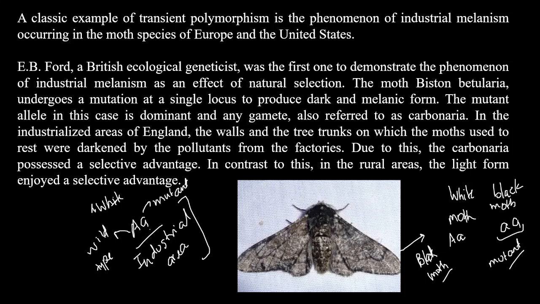So why does this become black? So that it can protect itself from other insects and it can live a longer life. So this is a very good example of transient polymorphism where the mutant allele completely replaced the wild type allele. Means the small a allele completely replaced the capital A allele.